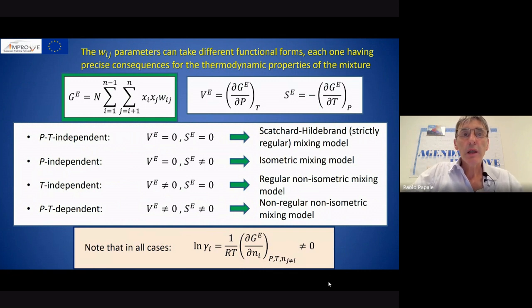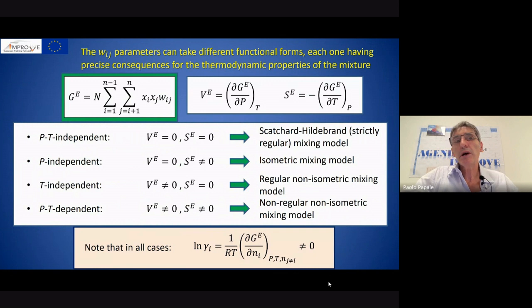Let's have a closer look at it, and let's focus on the simpler case of volume, which will bring back into discussion our molar volume for the reference state that we have seen a couple of slides back. While we focus on volume, the arguments are entirely general and hold in a similar way for entropy, enthalpy, and any other thermodynamic mixture quantity.